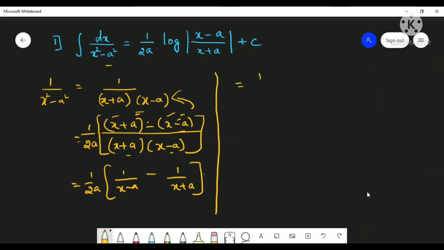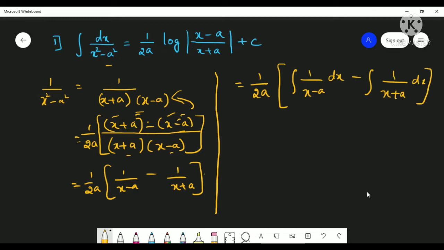Integration of 1 by 2a is constant, as it is. That's why integration of 1 by x minus a dx minus integration of 1 by x plus a dx. Keep 1 by 2a as it is. What is the integration of 1 by x minus a?